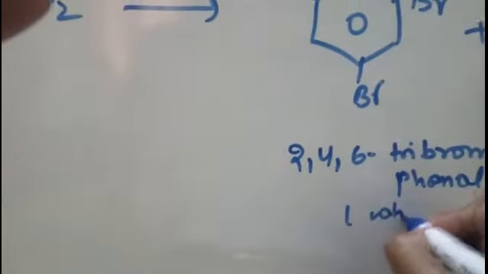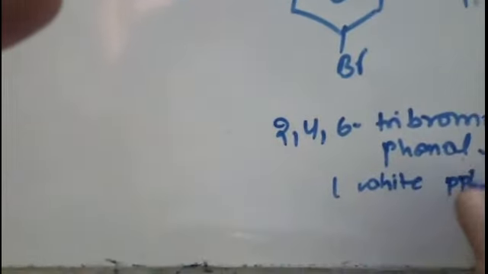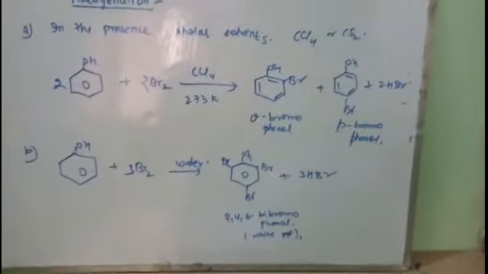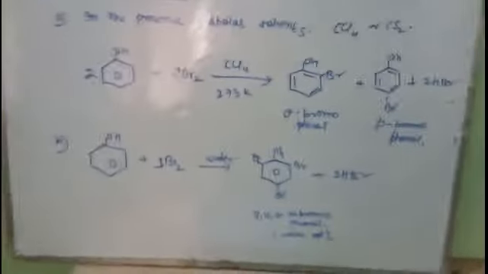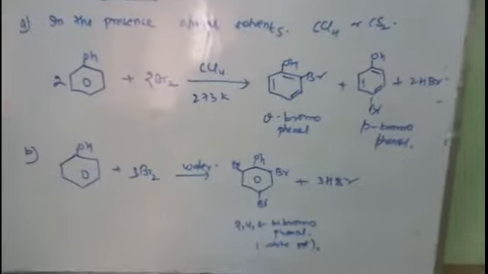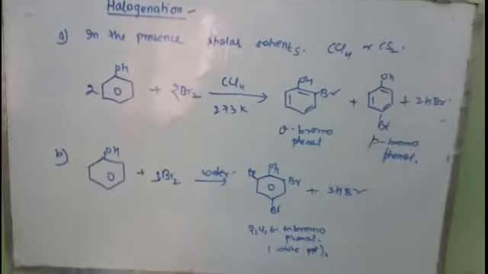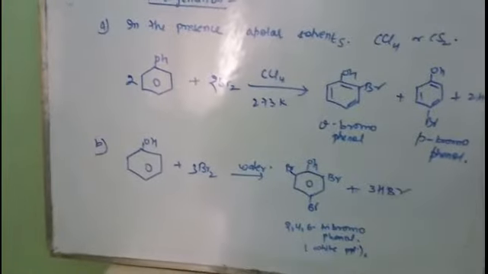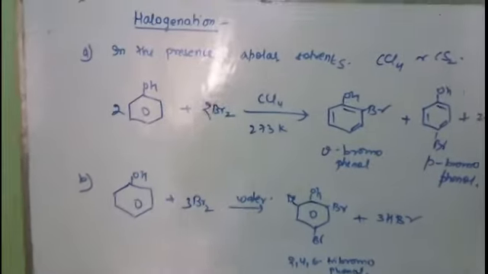It's a white precipitate. So you can see that when phenol is treated with bromine in the presence of carbon tetrachloride, you will get ortho and para bromo products, whereas when it is treated with bromine in the presence of water, you will get 2,4,6-tribromophenol. Right? Now come to the alkylation.